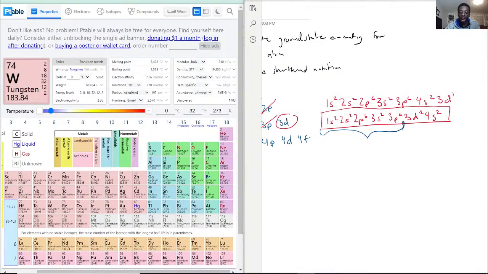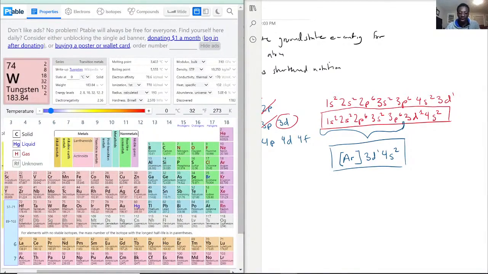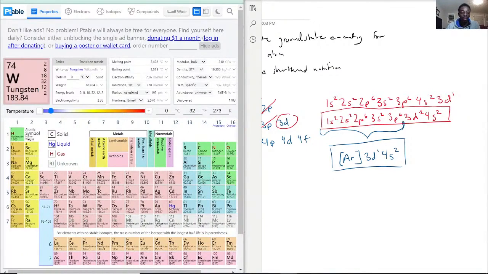The most recent gas is argon, so we would write it like this. And then we go back to counting as normal, and we saw there was a 3d1 for 4s2. This would be our noble gas shorthand for scandium, because argon is where we were, and then we fill in the rest.